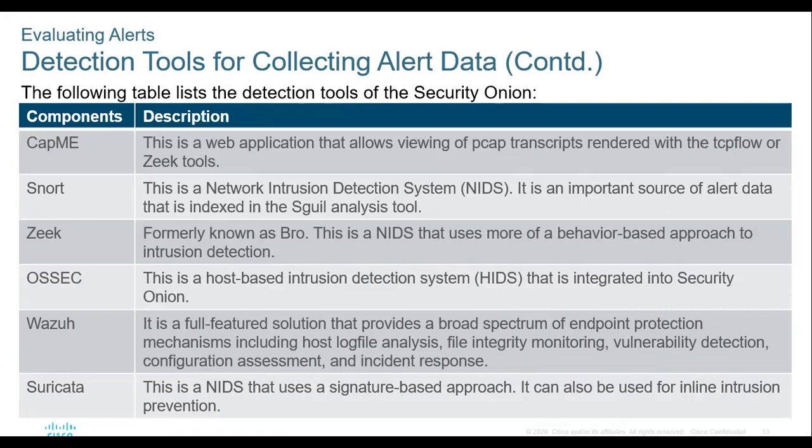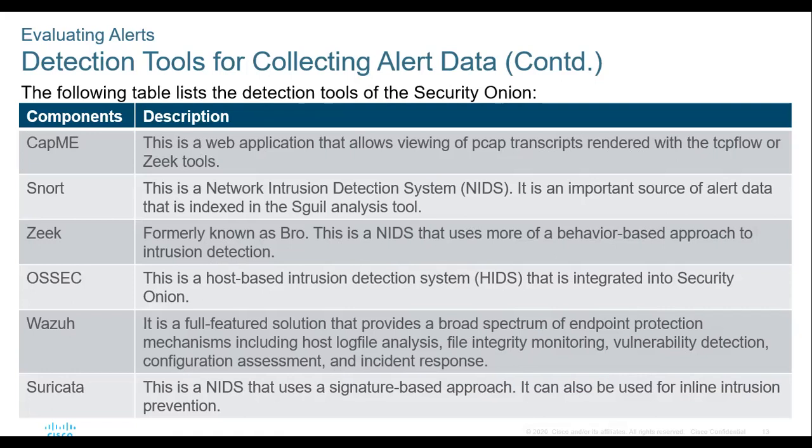The next one is Suricata. Suricata is a NIDS that uses a signature-based approach. It can also be used for inline intrusion prevention. It is similar to Zeek. However, Suricata uses native multi-threading, which allows the distribution of packet stream processing across multiple processor cores.